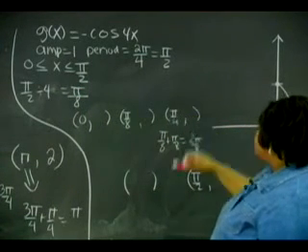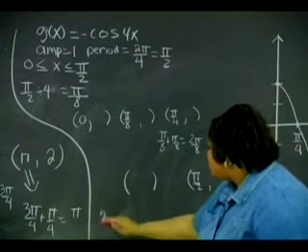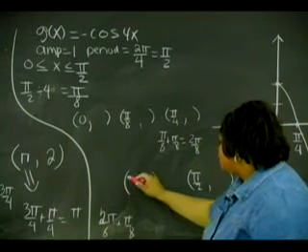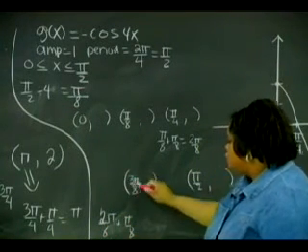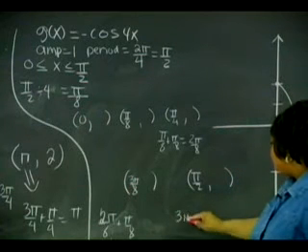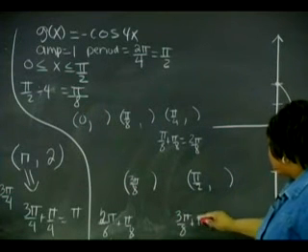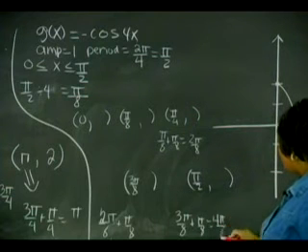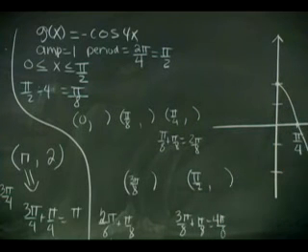Pi over 4. Then down here I have my 2 pi over 8 plus pi over 8, which is what? 3 pi over 8, right? Then down here I have my 3 pi over 8 plus pi over 8 is 4 pi over 8, which is pi over 2. Okay?